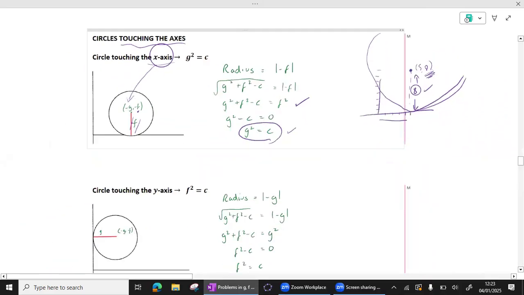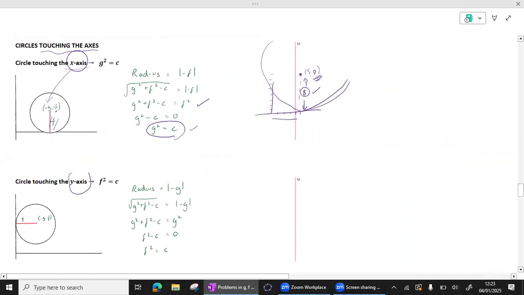When I think y-axis, I think second part of the coordinate, which is f, and therefore f squared is equal to c. The proof itself is exactly the same. You say the radius is equal to the absolute value of minus g, you square this side, the g's cancel this time, and that's why you end up with f squared is equal to c.